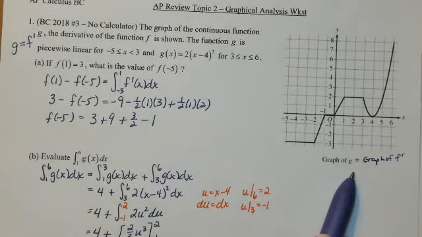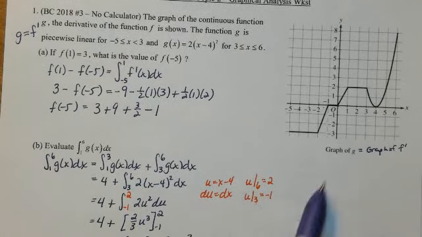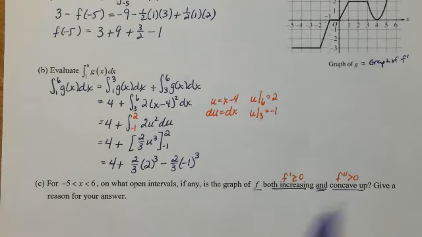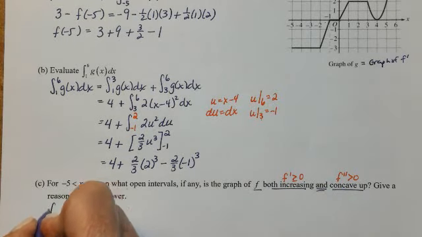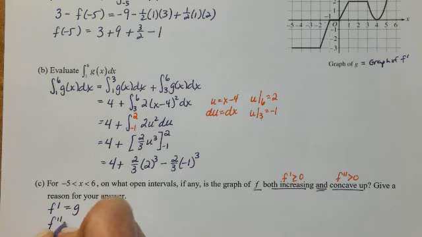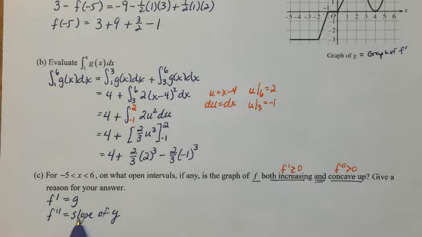So F prime is the graph of G. We did not state what F double prime is, though. So I'm just going to say F prime is G. F double prime is the slope of G then. So we want where G is positive, and we want where the slope of G is positive.